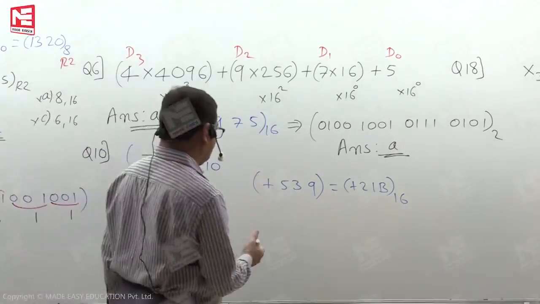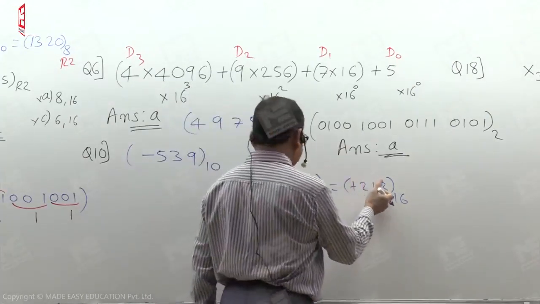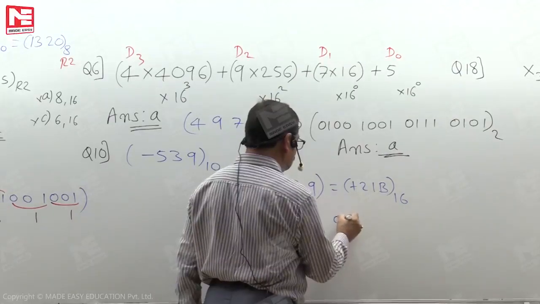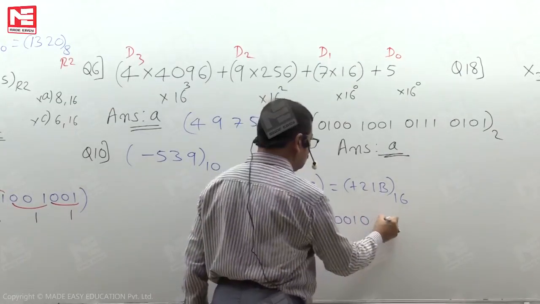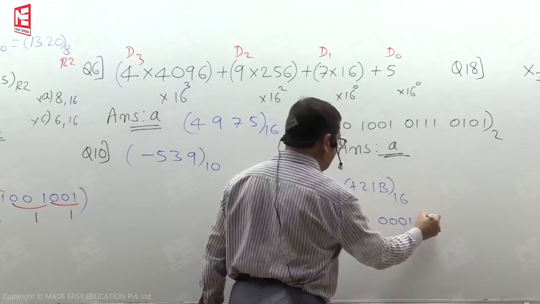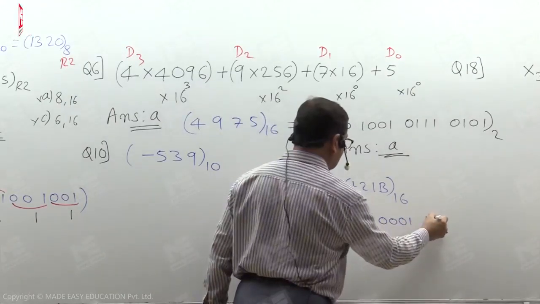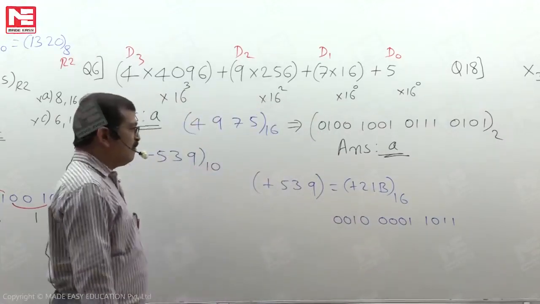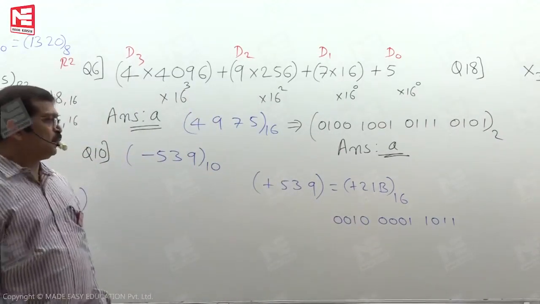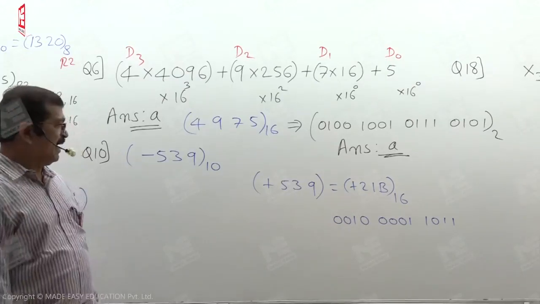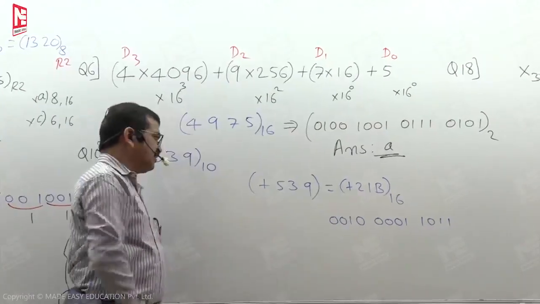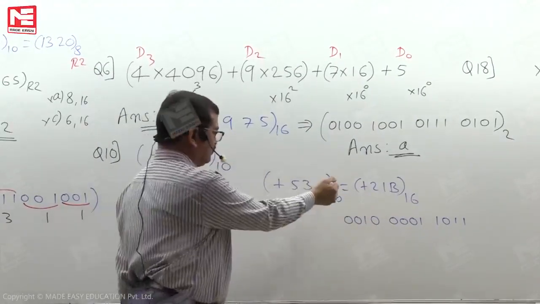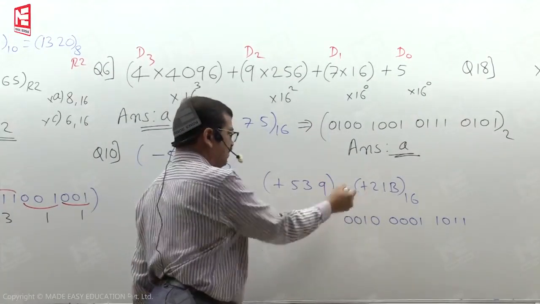So for this hexadecimal format, the binary format is 0, 0, 1, 0, 0, 0, 0, 1. B will be 11, so that is 1, 0, 1, 1. So for plus 21B, we have plus 539 as the decimal value. The binary equivalent is this.